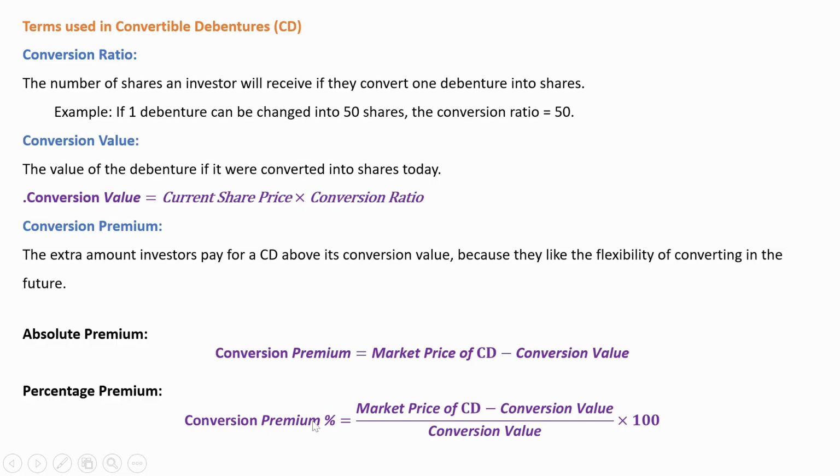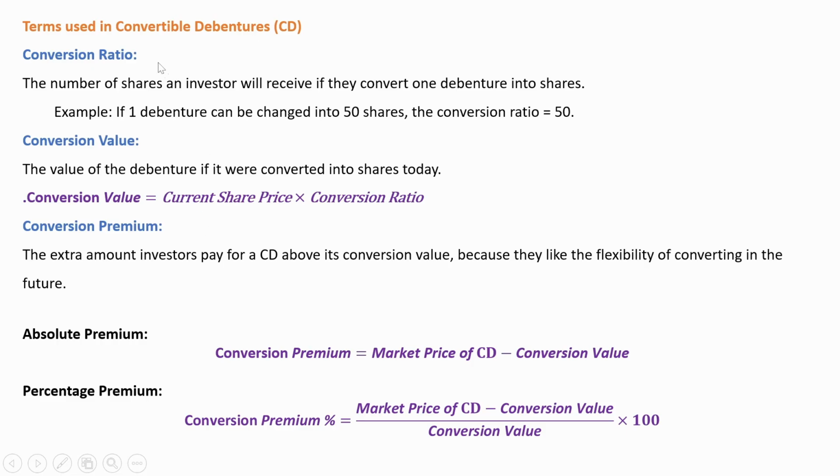So conversion premium as a percentage is given by the market price of convertible debenture minus conversion value, all divided by conversion value and then multiplied by 100. So those are the three terms you're supposed to be aware of. You're supposed to know them when you are finding the value of debentures.